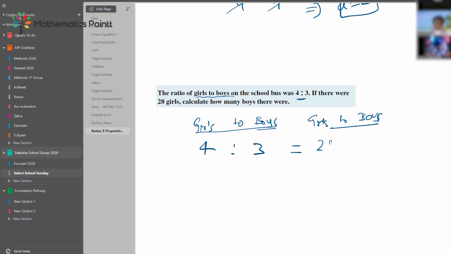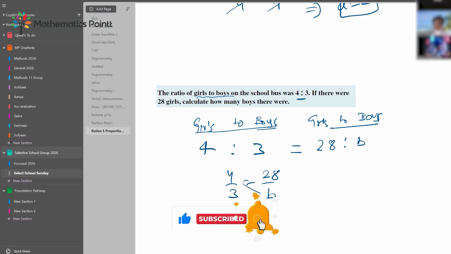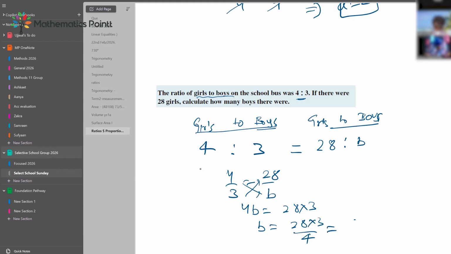Girls are 28, and let's say boys are B. That's what we are after. So we've got 4/3 equals 28 over B. Cross multiply. 4B equals 28 times 3, which is 84. No need to write it. So 28 times 3 divided by 4 is 21 boys.